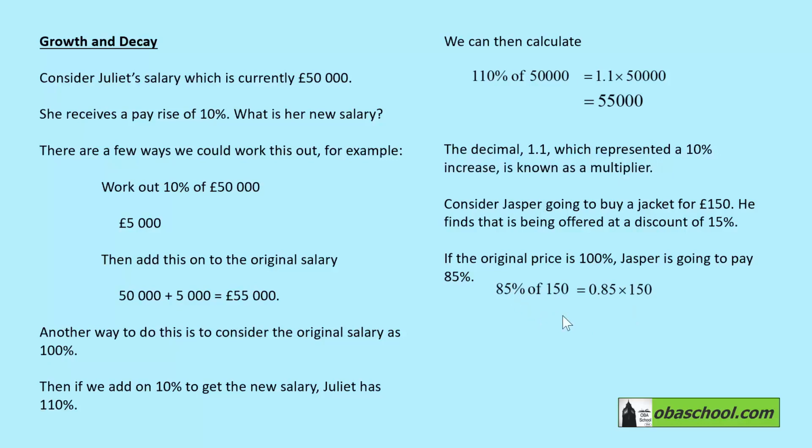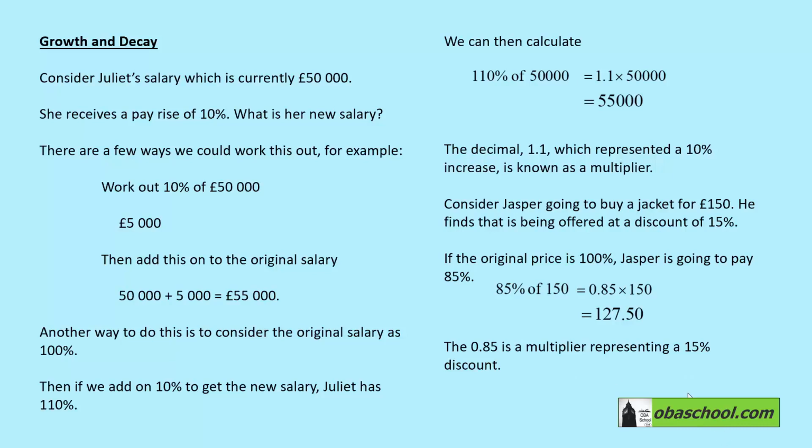Remember, that's the percentage changed to a decimal. And that gives us £127.50. So it will be £127.50. The 0.85 is a multiplier representing a 15% discount.